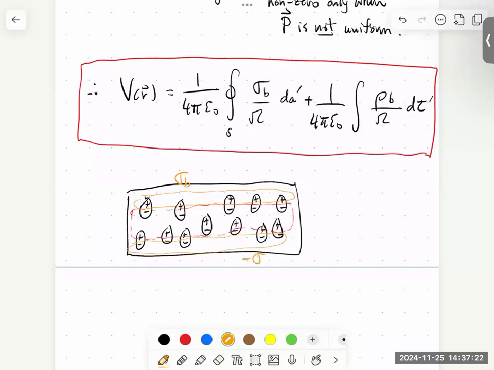So this would be negative sigma b. So that's that bound surface charge. I've drawn something that's uniformly polarized, so it has no divergence, and so this example would have no rho b.